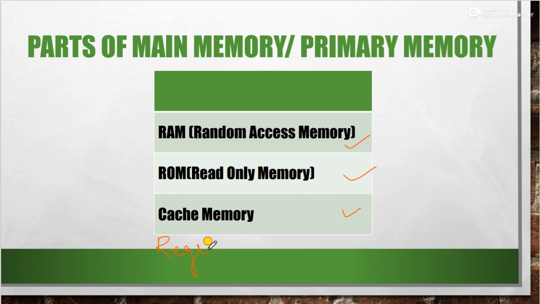Okay, registers are nothing but the memory of CPU itself, and it is also a type of main memory. So basically we can say that we have all these four types of memory available: RAM, ROM, cache and registers. These are all your main memory. Okay, these are not your secondary memory, these are your main memory.